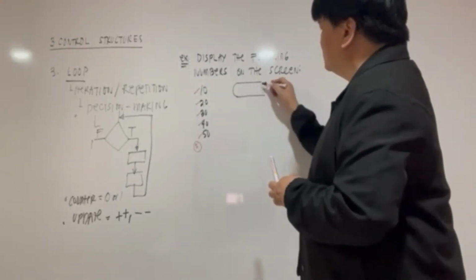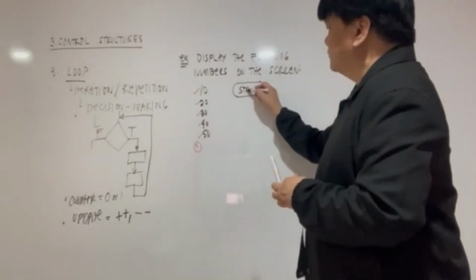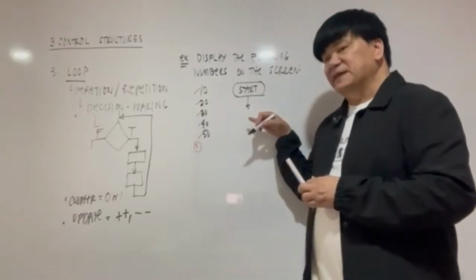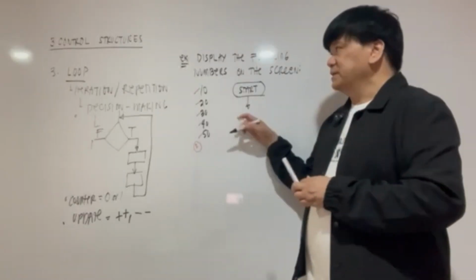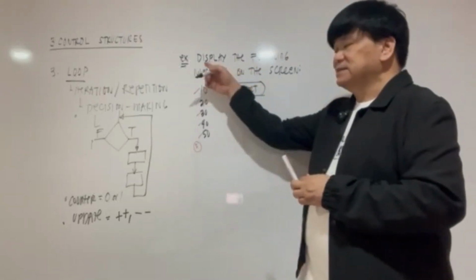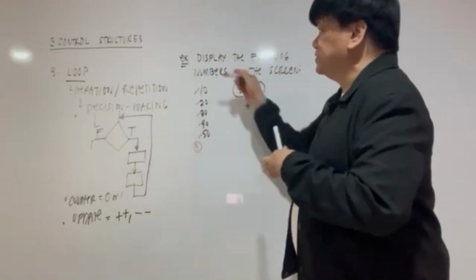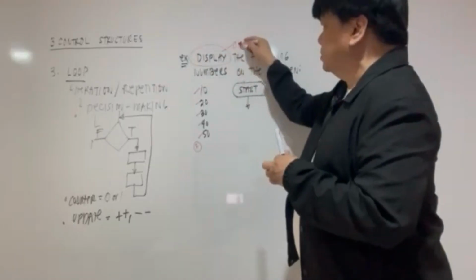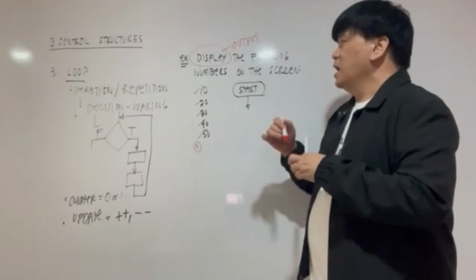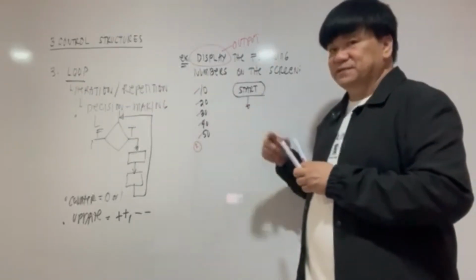Let us start with the oval symbol for start, followed by, basically, an input. But in the problem, there's no input. It only says display. So you are going to display or output the following numbers on the screen, so we will not be needing an input symbol here.